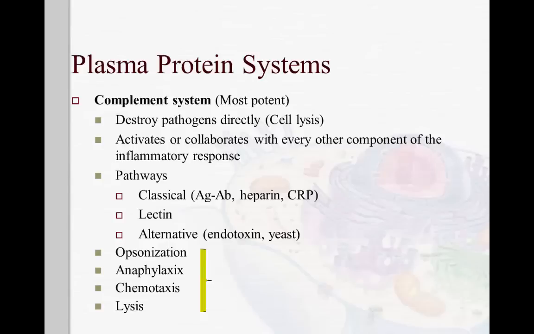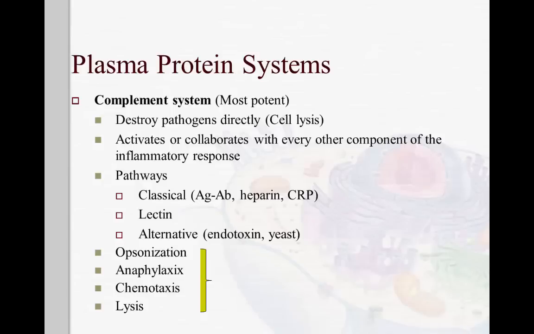In the classical pathway, one of the most important is immune complex formation, the antigen antibody complex. So you need to know that in the classical pathway, there is a formation and activation of the antigen antibody complex, or the formation of immune complex.